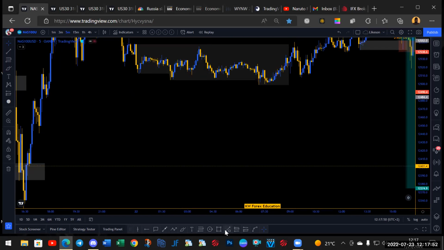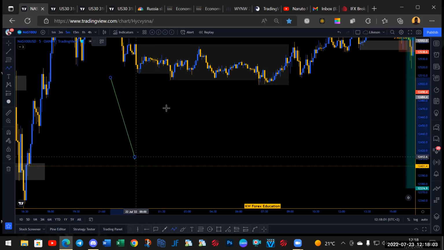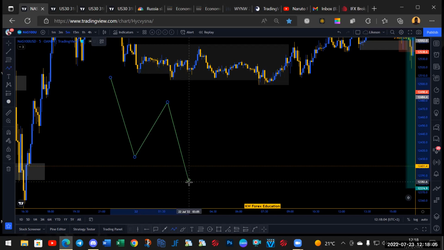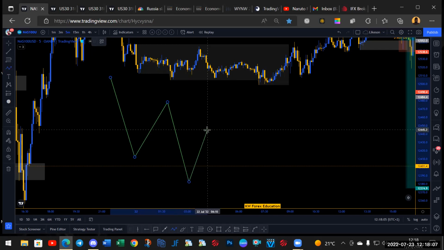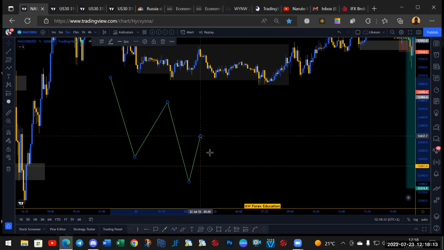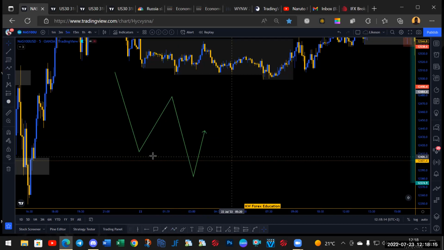So multi-time frames, this is when you are looking at multiple time frames, right? For example, you go on the 1 year and you see that the market is doing something like this, right? So that means you know we're in a downtrend, because it's creating lower lows.